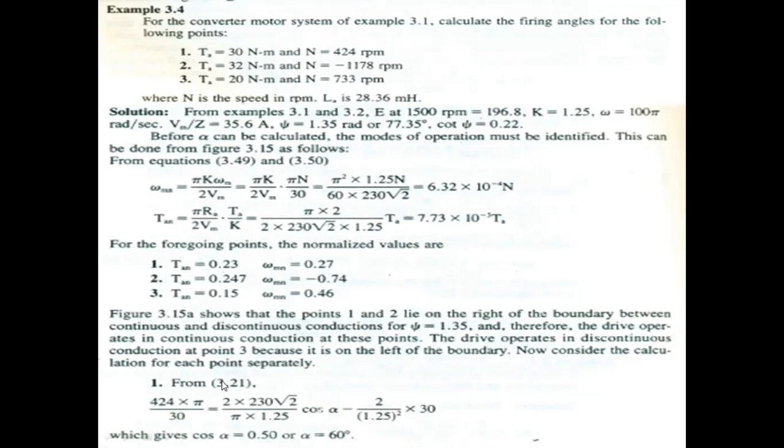For the first bit, see here, TA is 30 and N is 424. Substitute this, you will get omega M and T. So from this you will find the formula. See here, RPM, omega M into pi by 30 is equal to, from equation 21, I will show you the equation, wait.